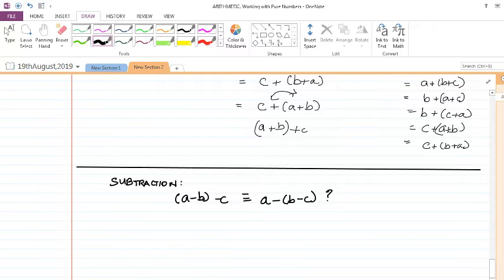But you know A minus B, let's put some numbers there. If it's not always true, I know subtraction is not associative. So let's do that. 17 take away 8 take away 6.